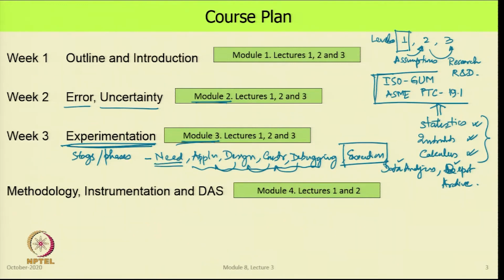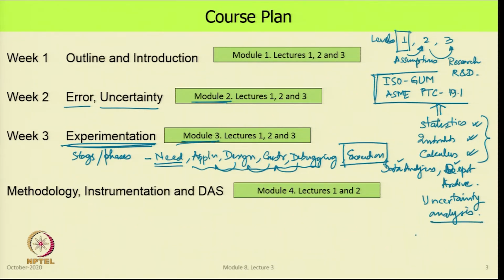Then we also saw how at different stages uncertainty analysis comes in. It is not that we just do an experiment and after that we say the result has this much uncertainty.